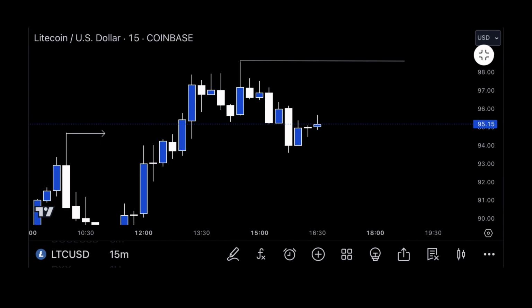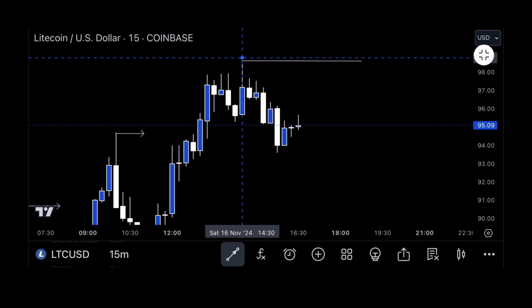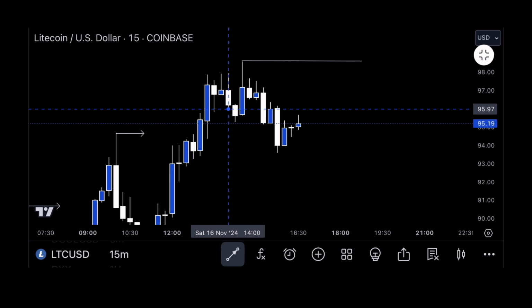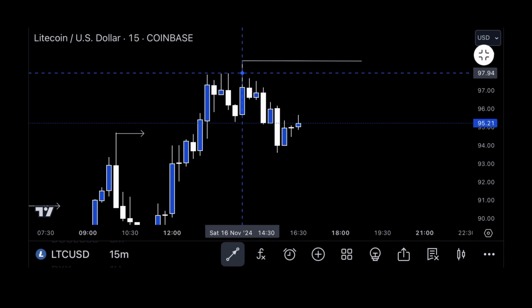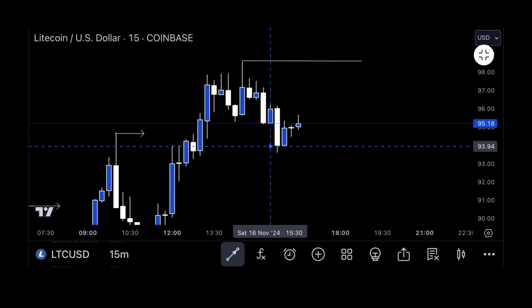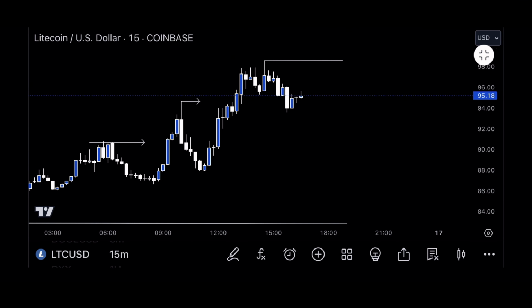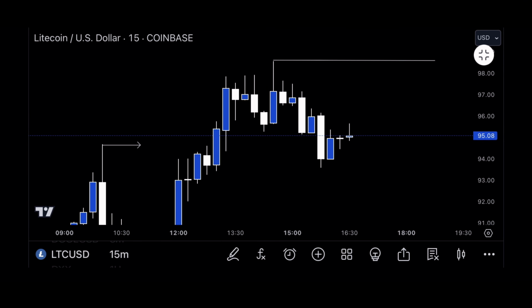We can see a clear break of structure, but this uptrend tapped into a high time frame supply zone, as we said before. That's why it had this reaction and took out the sell side liquidity before pulling down, and the market closed below the leg that caused the liquidity, indicating a market structure shift, telling us we are about to go bearish.